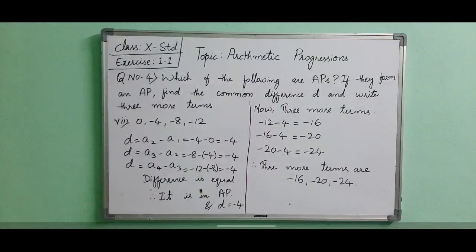Now let's move to the next question. Here the numbers are 0, -4, -8 and -12. We'll subtract again. -4 minus 0 is -4. Then again -8 minus -4, minus into minus is plus, so -8 plus 4 is again -4.